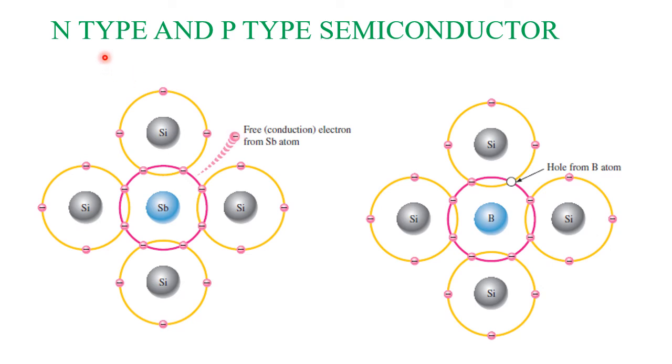Therefore it is called an N-type semiconductor, and since the electrons are more, electrons are the majority charge carriers. When you come to the second picture, you can see the hole. There is an excess hole, which means the holes are the majority charge carriers. If the holes are the majority charge carriers, then it is called a p-type semiconductor.